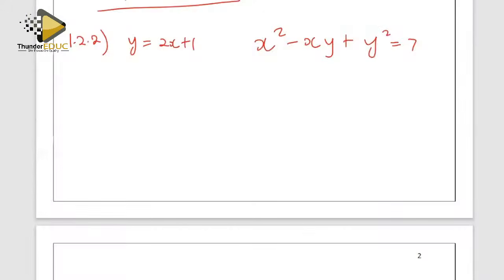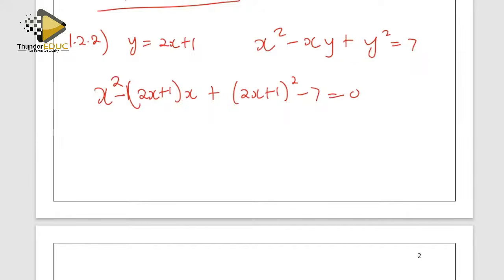Okay, let's substitute there. So it's going to be x squared minus, we have 2x plus 1, multiplying it with x, plus 2x plus 1 squared. I will say minus 7 is equal to 0. So x squared, we open this, minus 2x squared minus x plus, this is going to be 4x squared plus 4x plus 1 minus 7 equals 0.